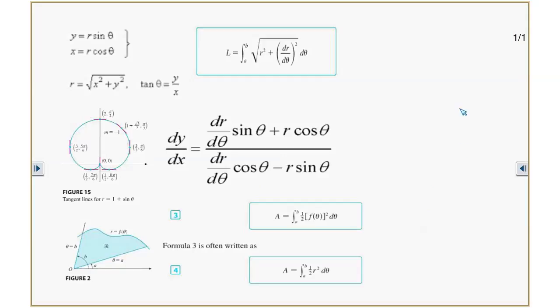These are pretty much the rules that you're going to be using for polar coordinates. As you can see with the derivative and the antiderivative, you're going to be plugging in things. You're going to be taking derivatives of other things and plugging it in.